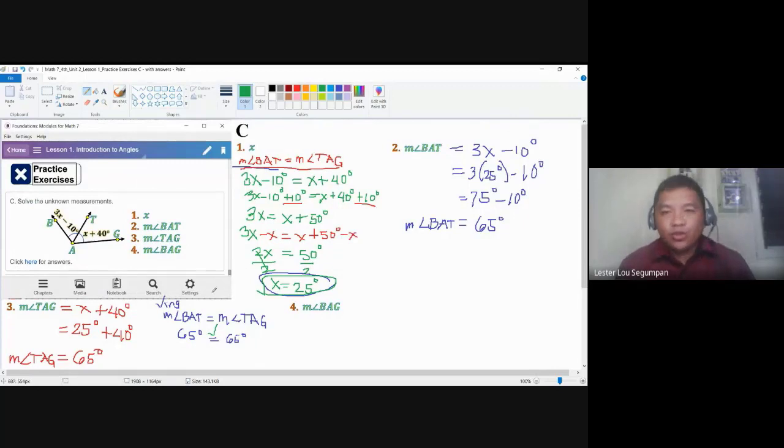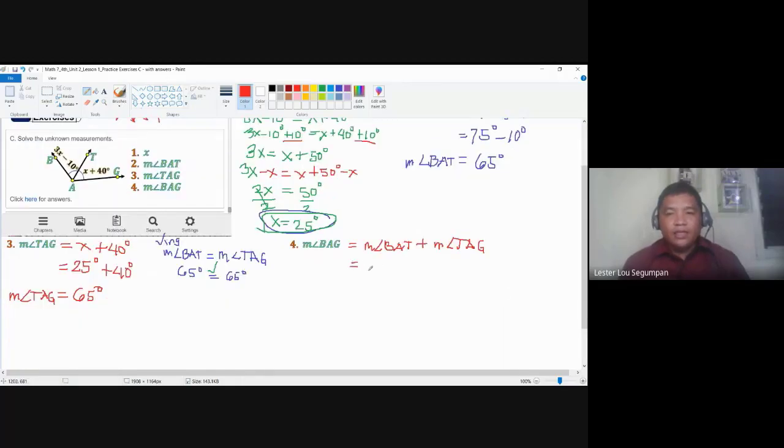Now that we are sure with the value of x and the value of the different angles here comprising the biggest one, we could solve that biggest one using the angle addition postulate, which tells us that the measurement of the largest angle, in this case angle BAG, is the sum of the measurement of angle BAT and the measurement of angle TAG.